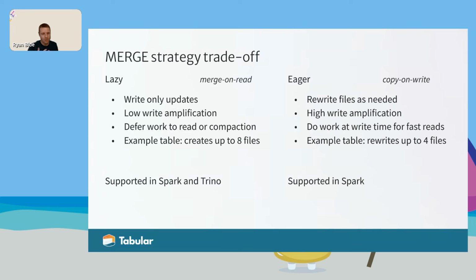So when we're doing this merge into the source table, or sorry, the mirror table, do we lazily merge? Do we write just the updates and then push that work to the readers? That has low write amplification because we're not rewriting whole data files. On the other hand, we end up creating, in our example table that had 4 buckets, 8 files every time we commit.